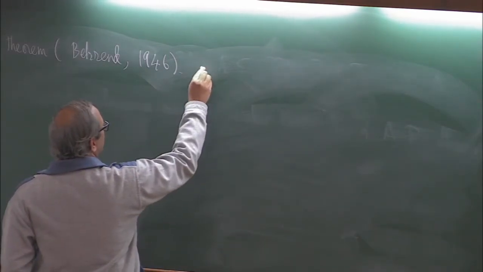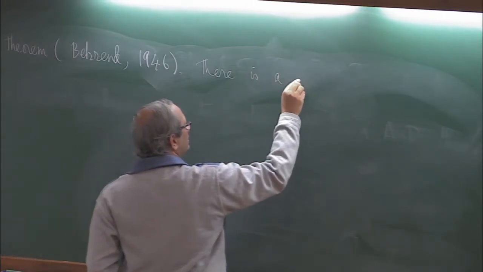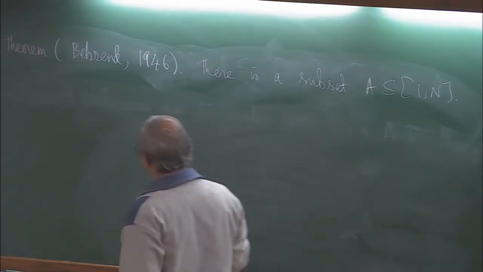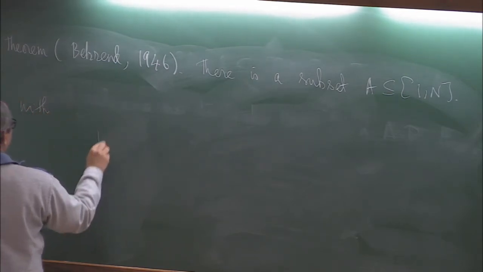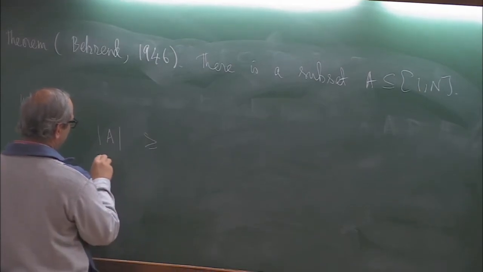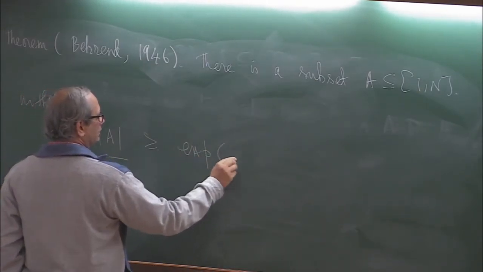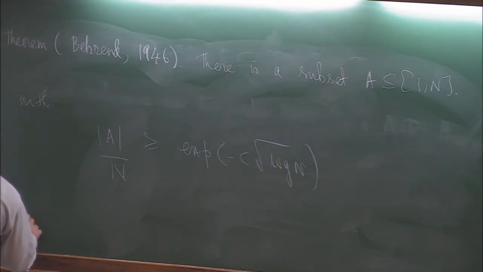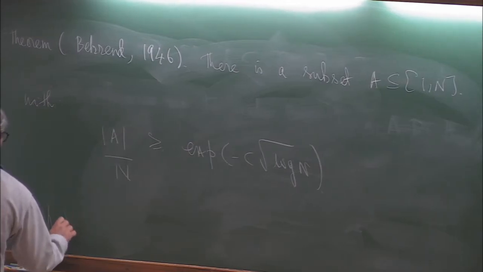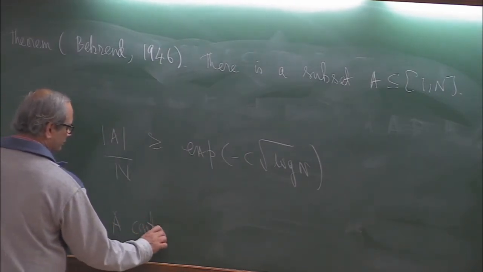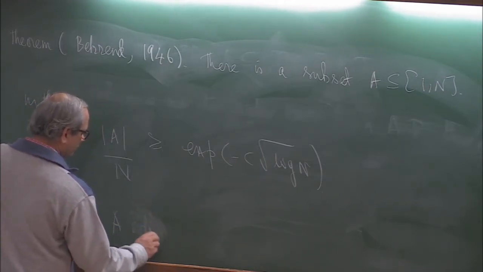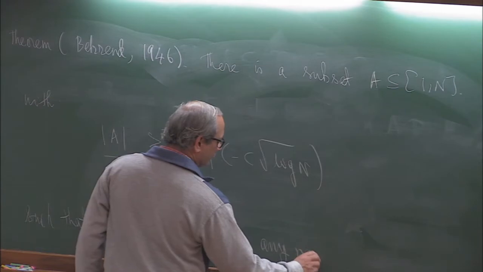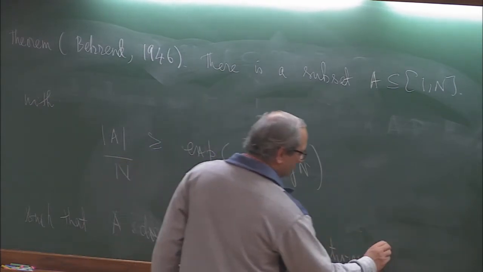There is a subset A of 1 to n with cardinality of A greater than n times exponential of minus some constant times root log n, such that A does not contain any non-trivial 3-term AP.